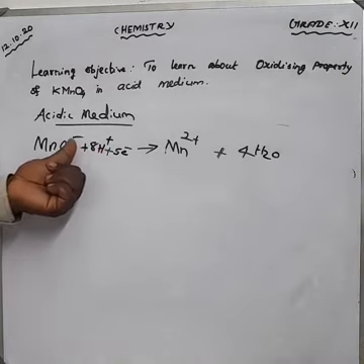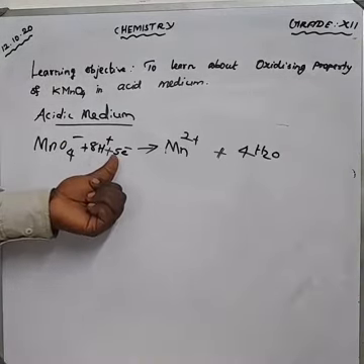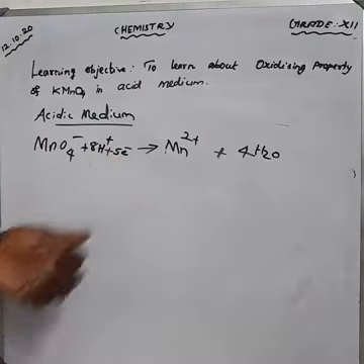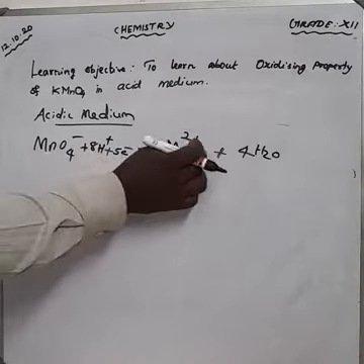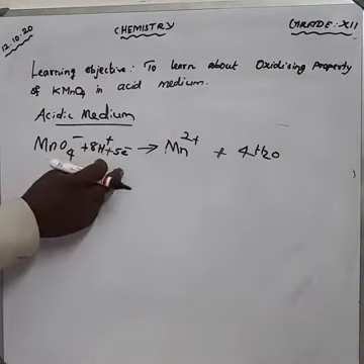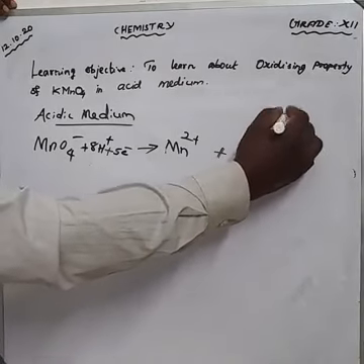So 8 minus 1 is 7. Then we add electrons: 5 electrons. Out of 7, we are adding 5 electrons, so 7 minus 5, we get 2. So the charges are also balanced. This is the basic equation, or fundamental equation.